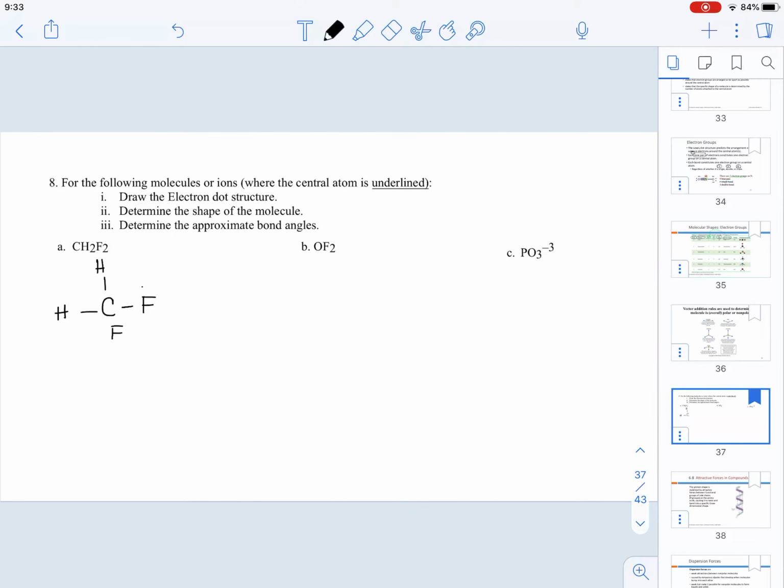To draw its Lewis structure, it looks as follows. Okay, so to determine the shape of the molecule, I'm going to determine the electron group geometry and also the molecular shape.